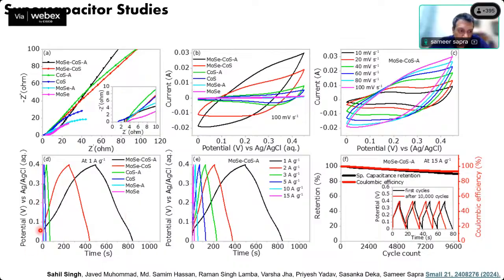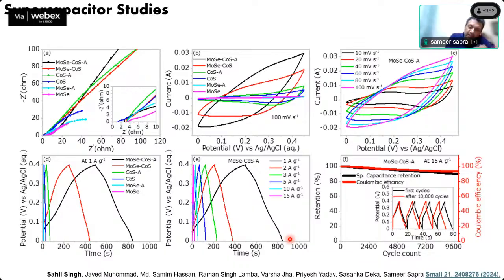You see, some of these charges are very, very fast, 15 ampere per gram. You can charge them to this capacity and then discharge them slowly. So you can do all these kinds of activities very fast. For example, running buses: you charge them within 2 seconds, 5 seconds, and then run them for 10 minutes.